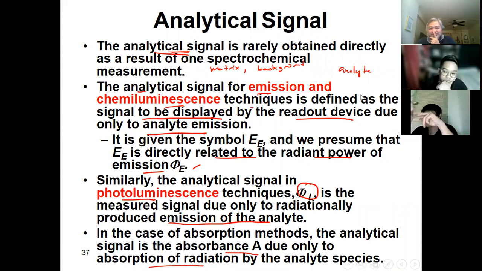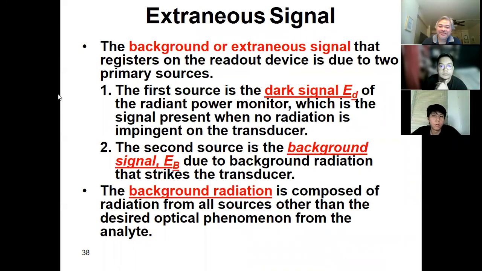Now, what if your signal does not come from the analyte? What do you call that signal? This is what we call the extraneous signal. So the background or the extraneous signal registers on the readout device due to two sources.